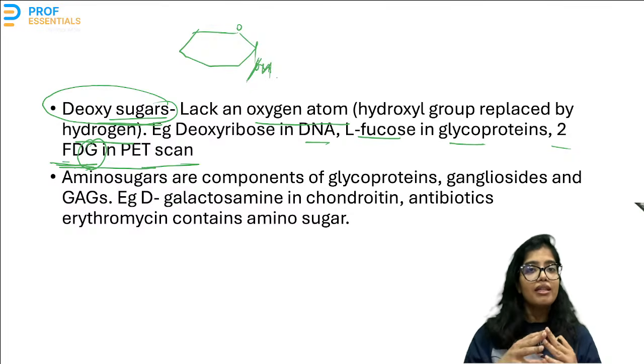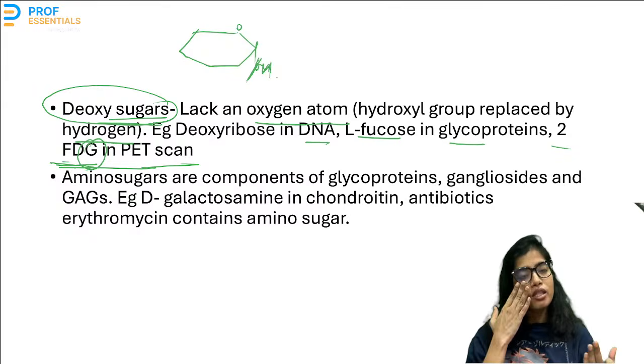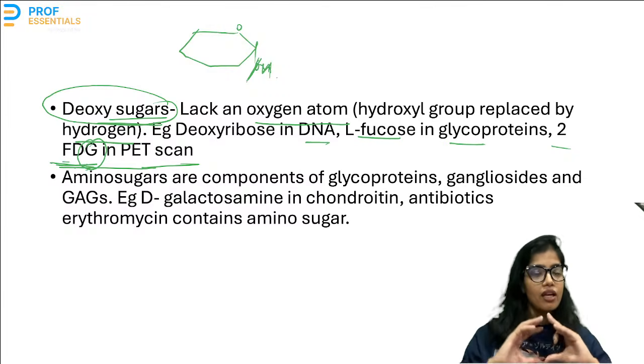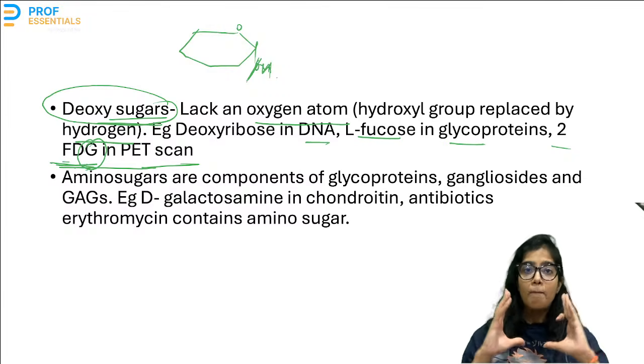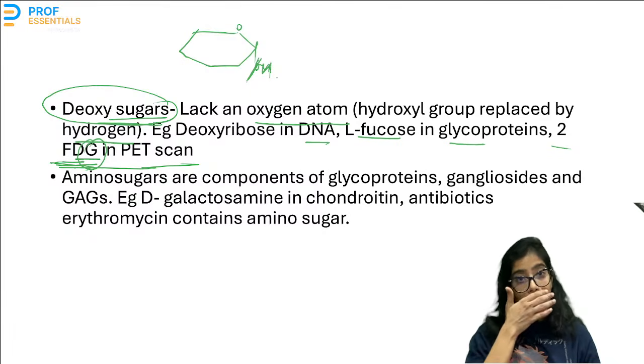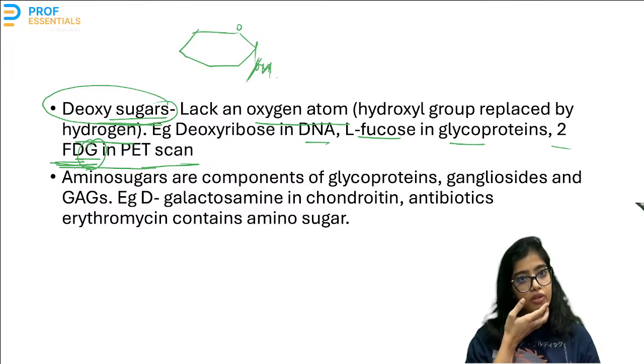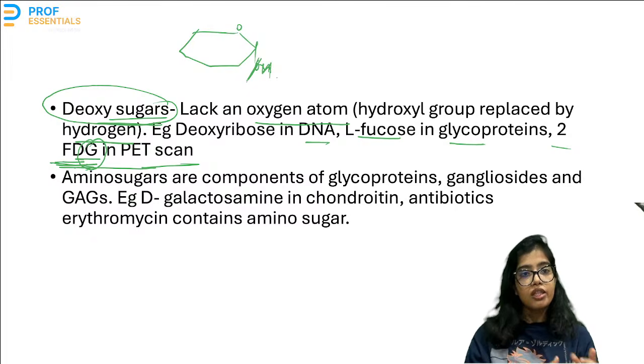So metabolically active tumors or metastases can be visualized by injecting 2-FDG and then exposing them to a PET scan. It is a very important application of a deoxy sugar, that is 2-fluorodeoxyglucose. Deoxyglucose is fluorinated at the second position with fluorine. Now it cannot be acted upon by enzymes. It cannot be taken up for energy production. Therefore, it is accumulated. Understood?